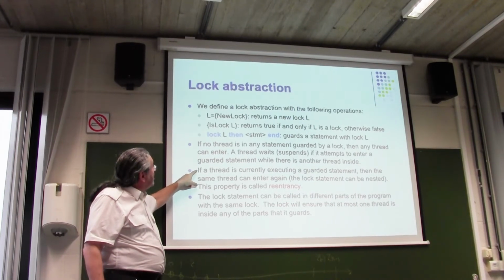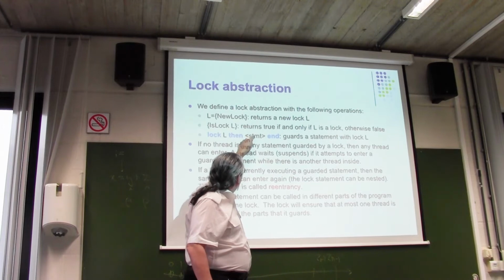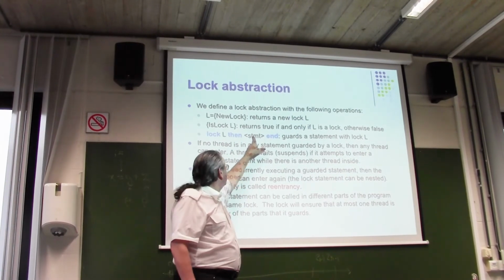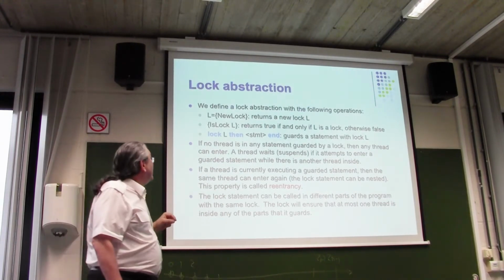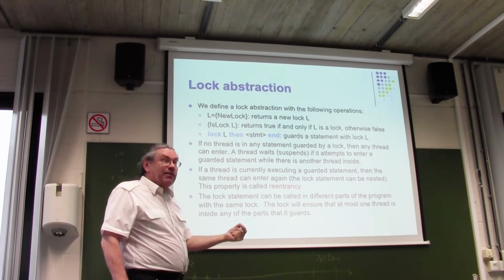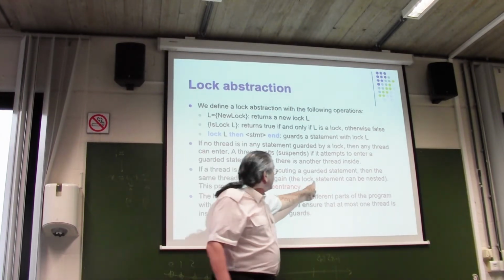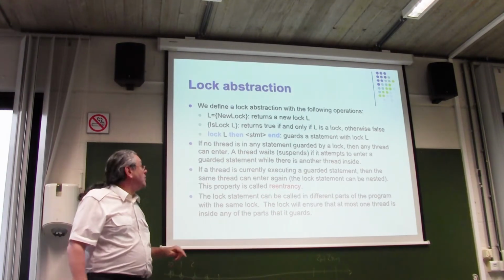If a thread is inside here, and if in there you will execute again lock L, like recursively, it's allowed to enter again, because it's already in, in fact. If you're inside the lock, you can go inside again. The lock statement can be nested. This might seem weird, but it happens a lot.